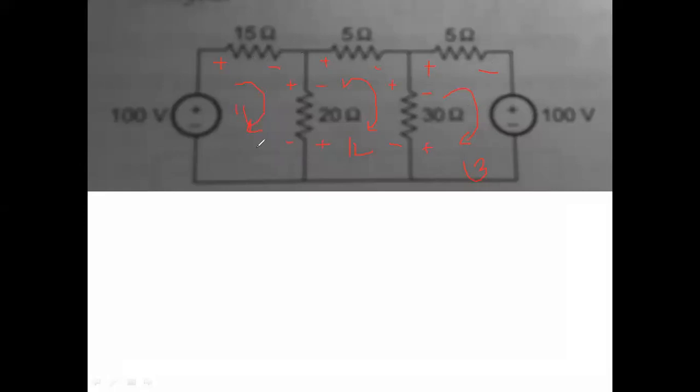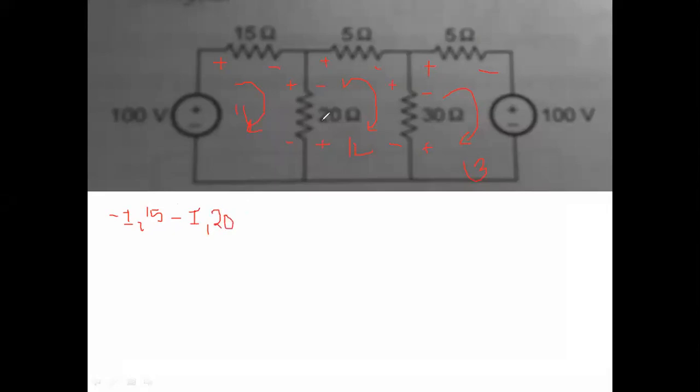Consider the first loop. Here you have to consider the ending of the resistor values. So that is minus I1 into 15. Next, minus I1 into 20.